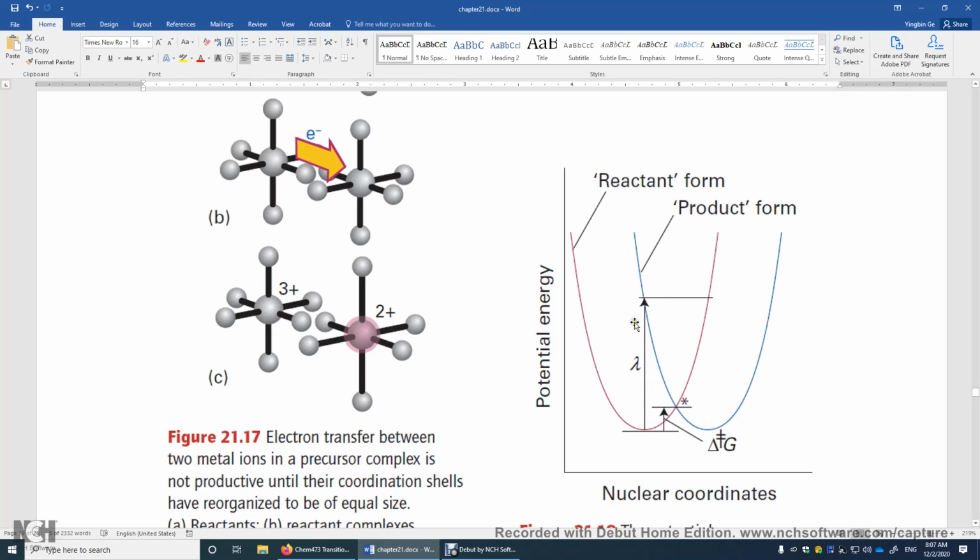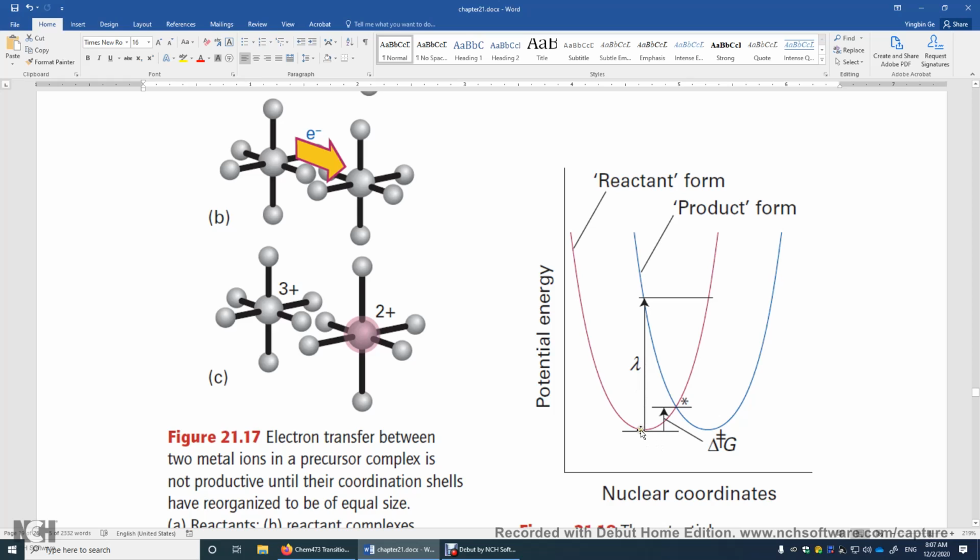So you have two potential energy surfaces. They may cross each other, and over here, this is the equilibrium structure of the reactant. But if you go up, you may cross the potential energy curve of the product right here. This energy difference is the so-called reorganization energy. This is lambda.